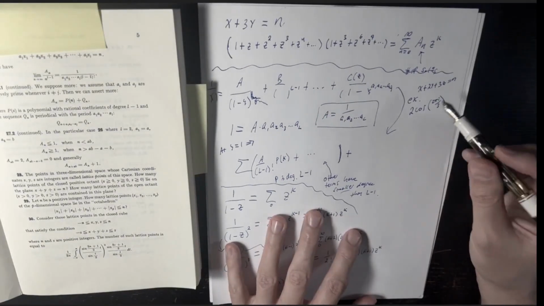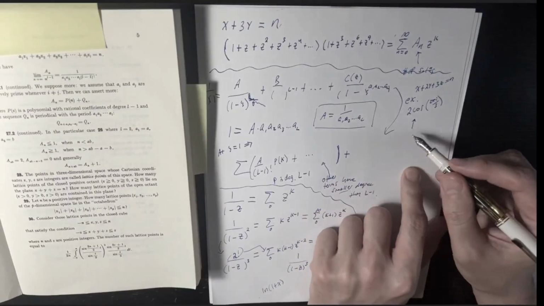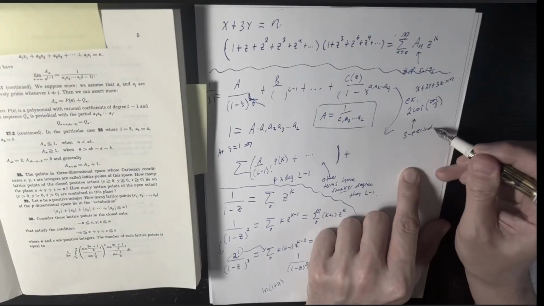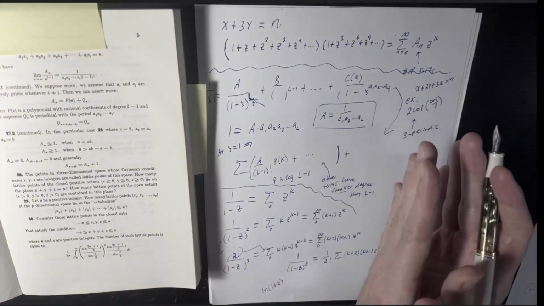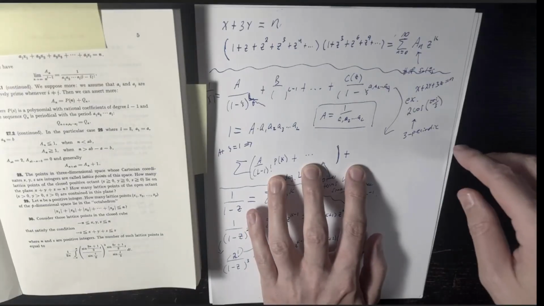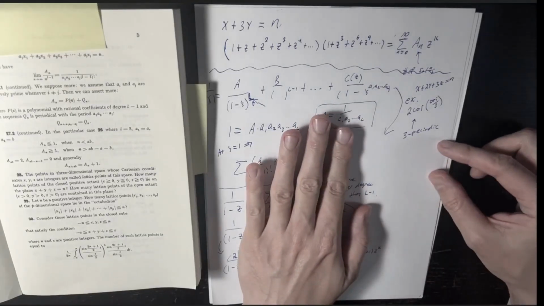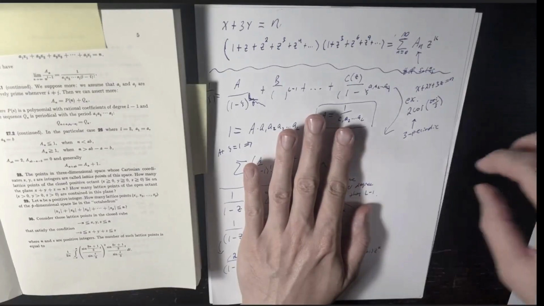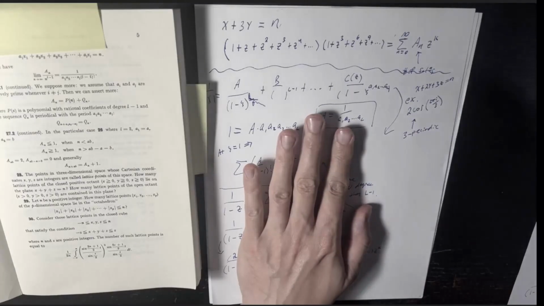So we have a series of things that, well, the point is that this number is periodic. This one is 3 periodic. Every third coefficient is the same if you just looked at that piece, because we had a cubed root of unity. Every third coefficient here is going to be exactly the same.